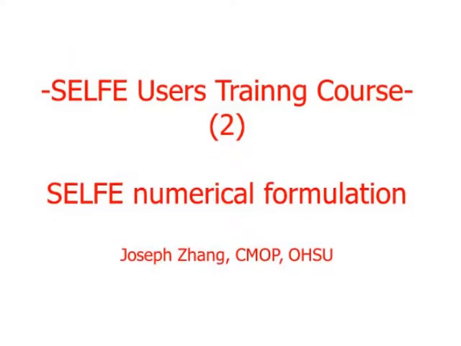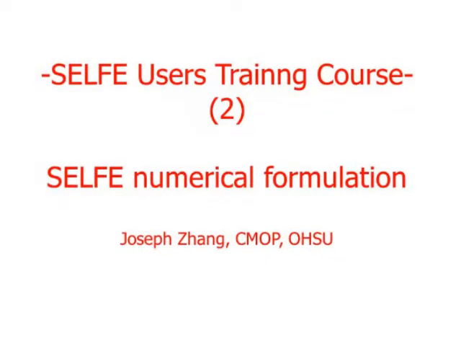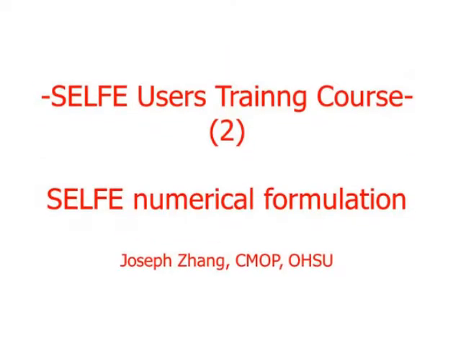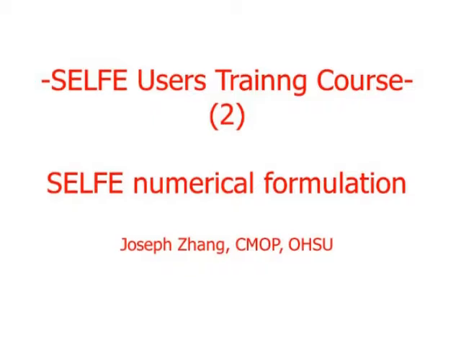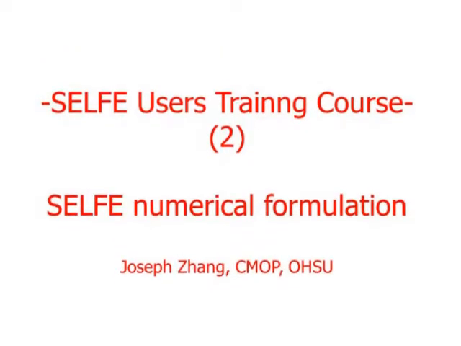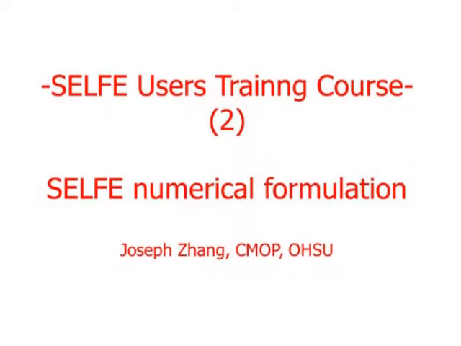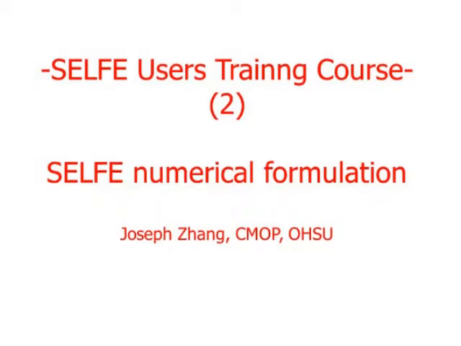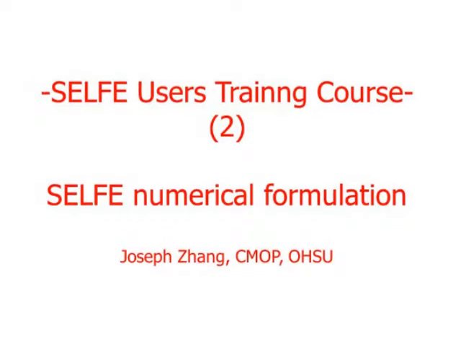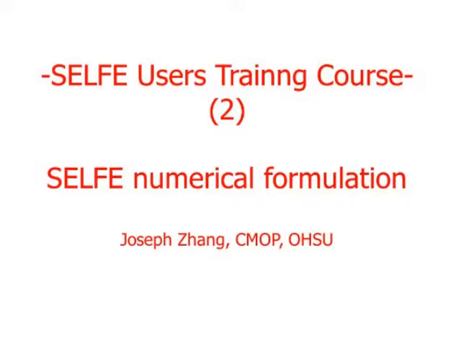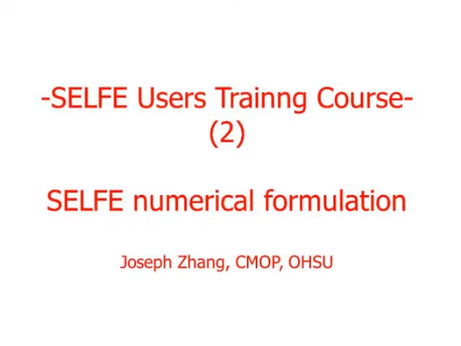So the numerical efficiency of SELFE comes from three things: the semi-implicit scheme, ELM, and of course the use of unstructured grid to efficiently resolve the domain.